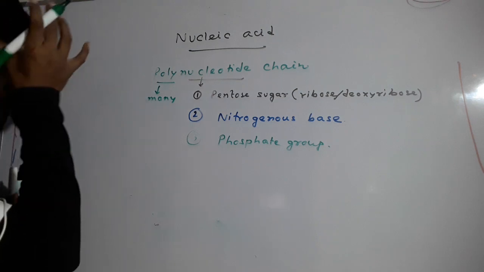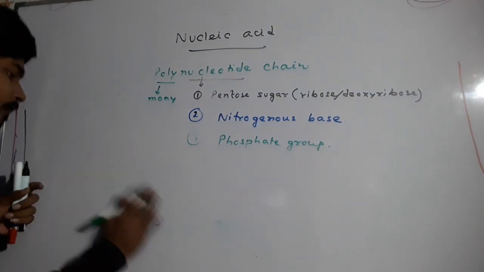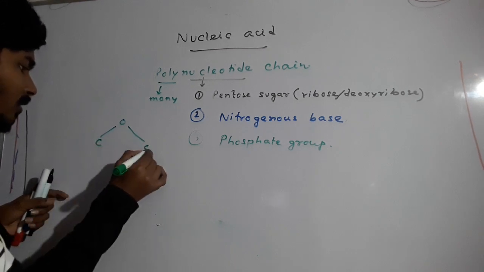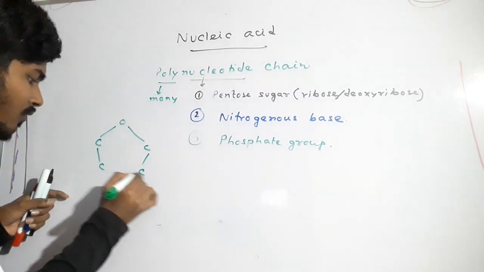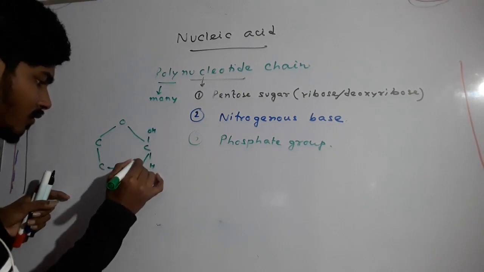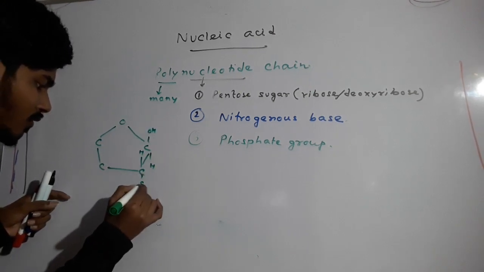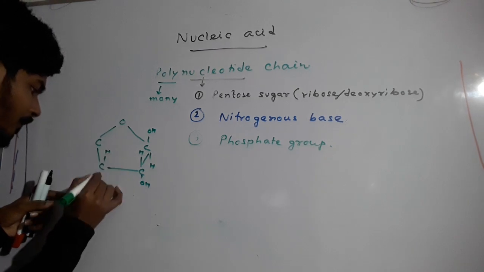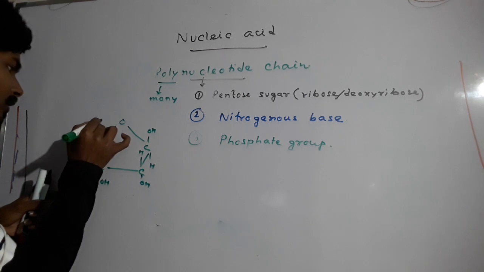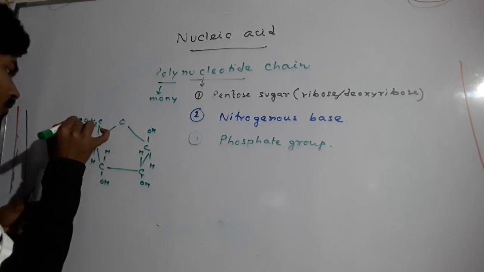If you draw the structure of the ribose, you will have CH2OH.